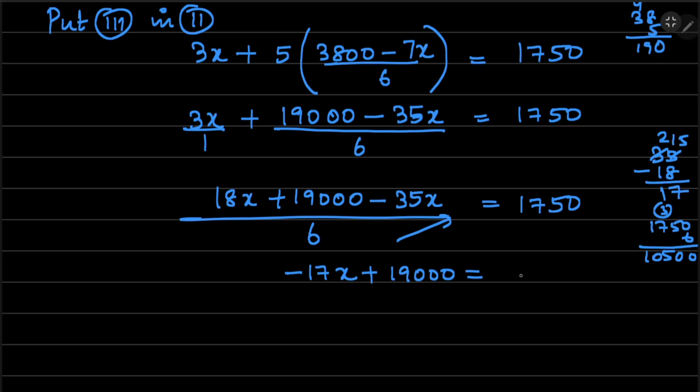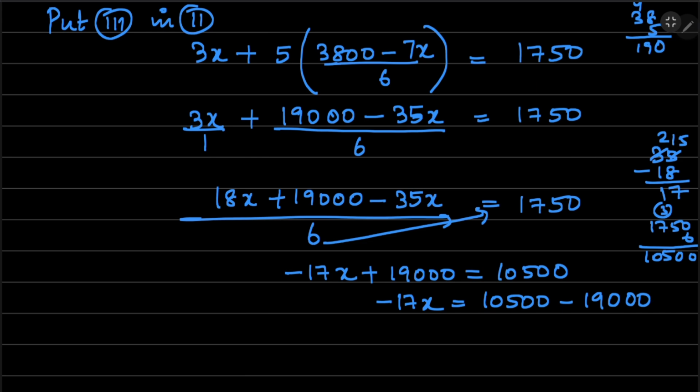So when you are cross multiplying, that is 6 multiplied by 1750, you will be getting 10,500. So what is minus 17x equal to? 10,500 minus 19,000.